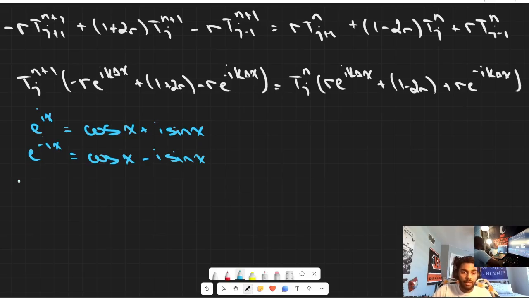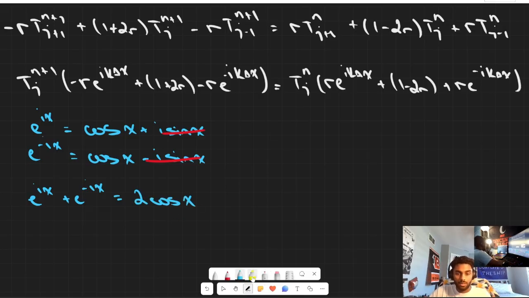So if we have e to the ix plus e to the minus ix, the sine terms cancel out, and we get 2 cosine x.